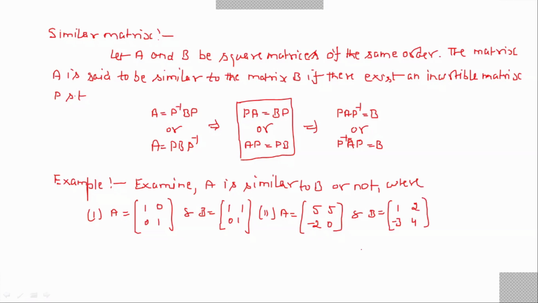Okay, so now you have to examine whether they are similar matrices. They will be similar if there exists an invertible matrix P such that PA is equal to BP.